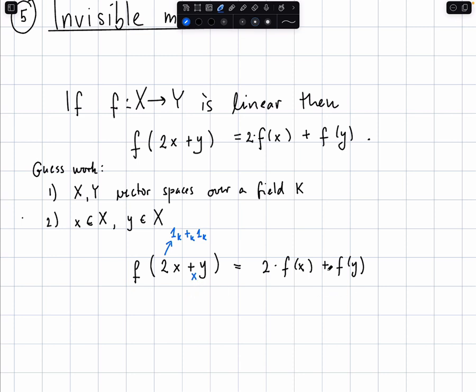Where does this plus happen? In Y. Where does this times happen? And where does this times that we didn't even bother to write happen? In X. Anything else anybody would like to say? Where does this equality happen? In Y. Right? Your brain automatically understands all of this.